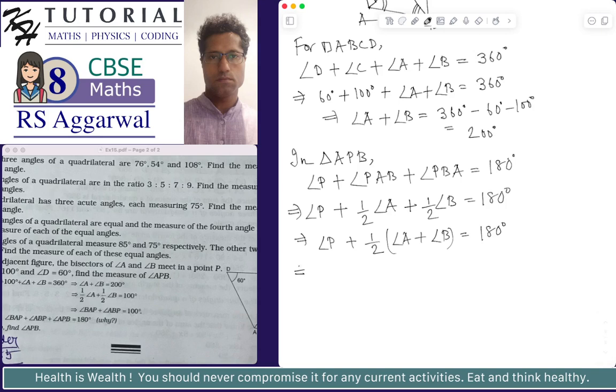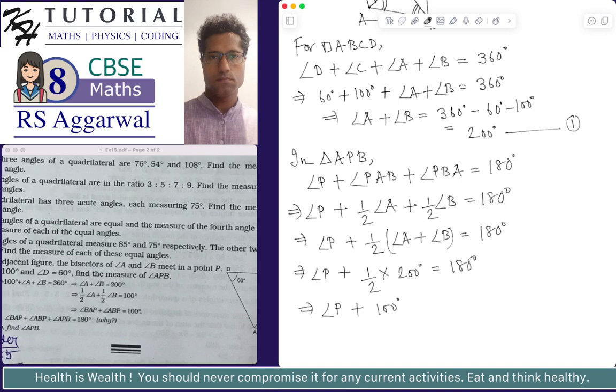This implies angle A plus angle B we already know to be equal to 200 degree. So we have half multiplied by 200 degree. So this implies angle P plus, half into 200 degree is 100 degree.